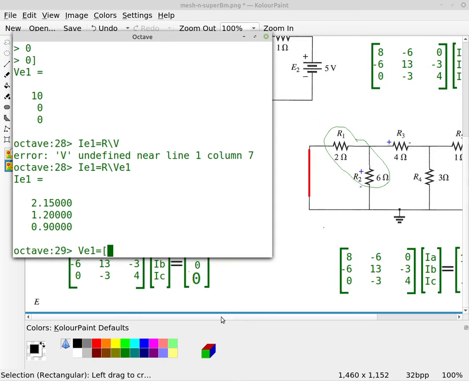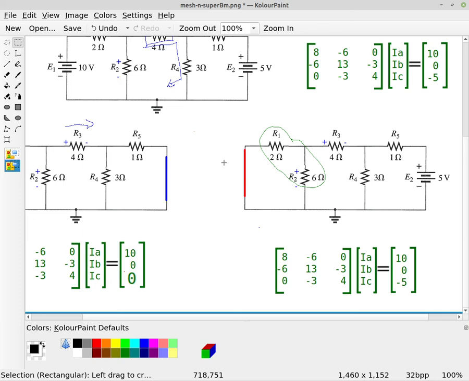Then we can come over here, and now we're shorting out E1. So E1 goes to 0, and we stick in E2, which was -5.